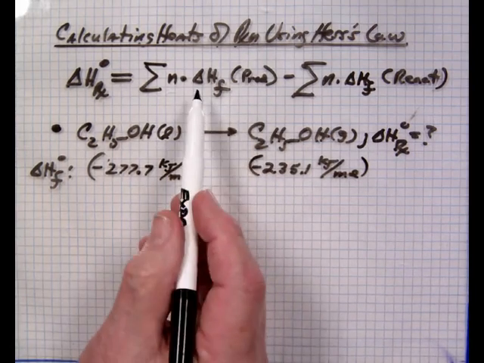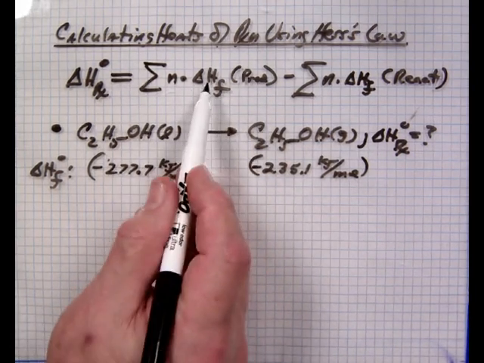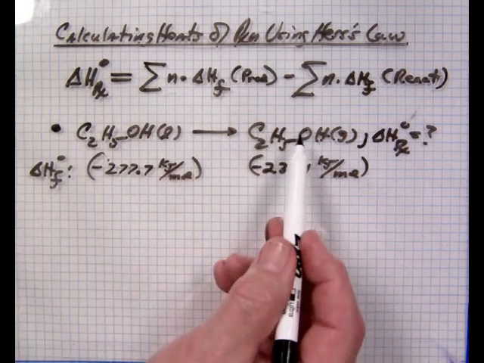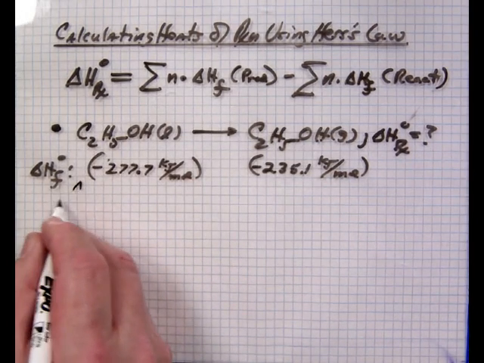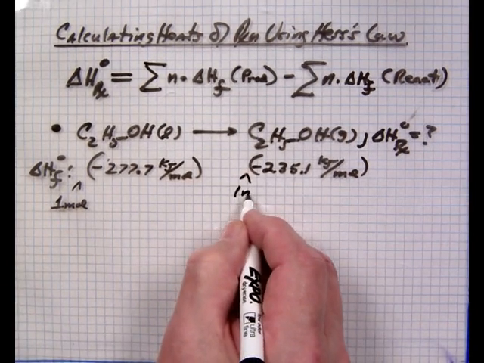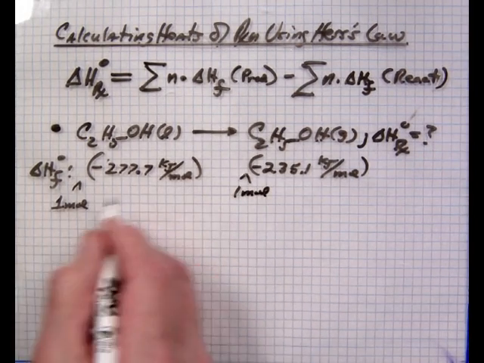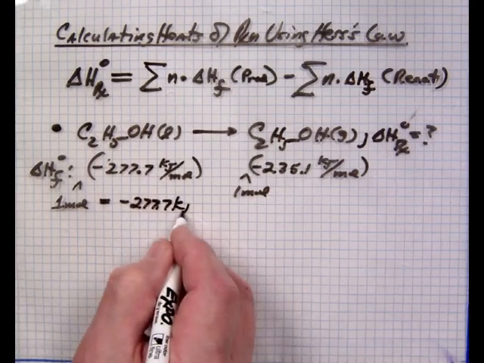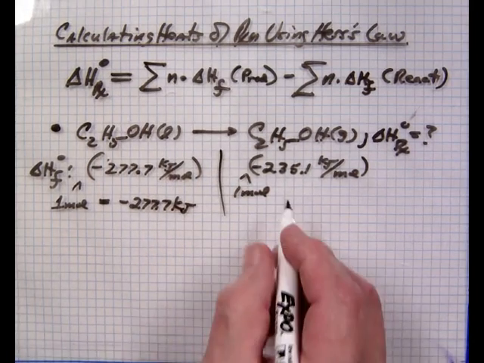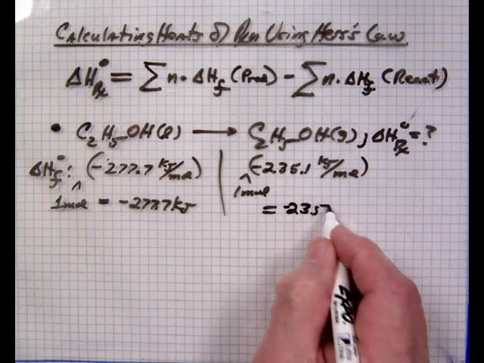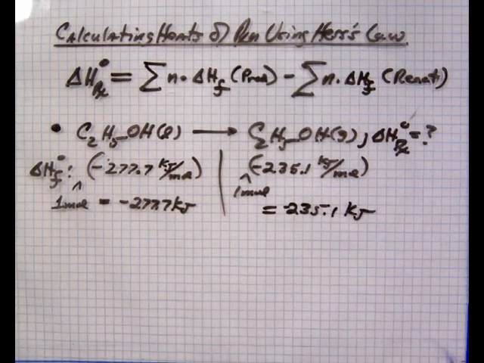Now, what the equation says, in each of these numbers, once you get the number, you need to multiply each by the number of moles of that substance. Well, there's only 1 mole of this and 1 mole of that. So we multiply by 1 mole here, and the same thing here, so our moles cancel out, and it's actually minus 277.7 kilojoules for the reactant side, and minus 235.1 kilojoules for the product side.